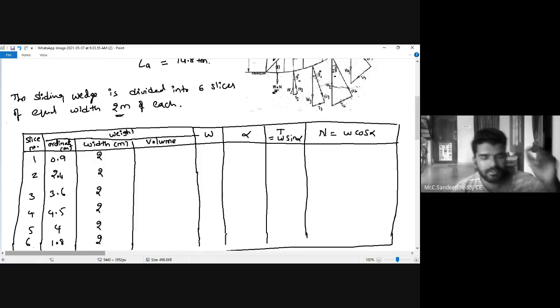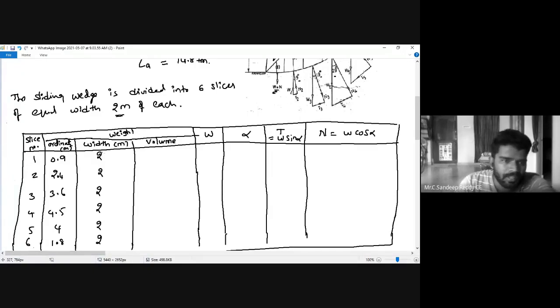You see the first topic, basis of analysis of soil slopes. So you have to consider the soil slope in a two-dimensional picture only. One dimension you have to consider as unity, 1. So here the volume will be 0.9 into 2, that is equal to 1.8. Then 2.4 into 2, 4.8.